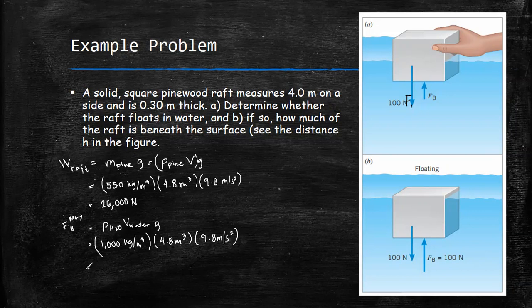Then our buoyant force is equal to 47,000 Newton. So comparing the weight and the buoyant force, we can see that the maximum buoyant force is larger compared with the weight. Thus, our raft will float over the water.